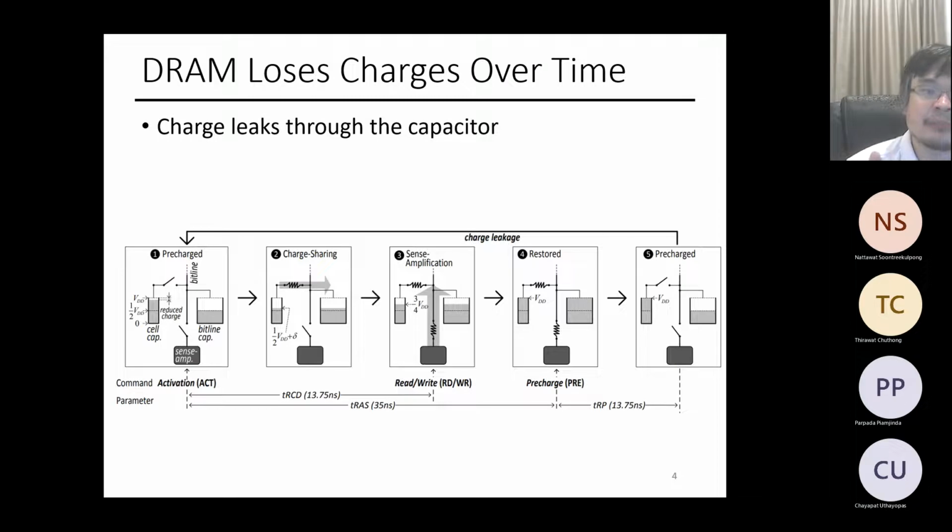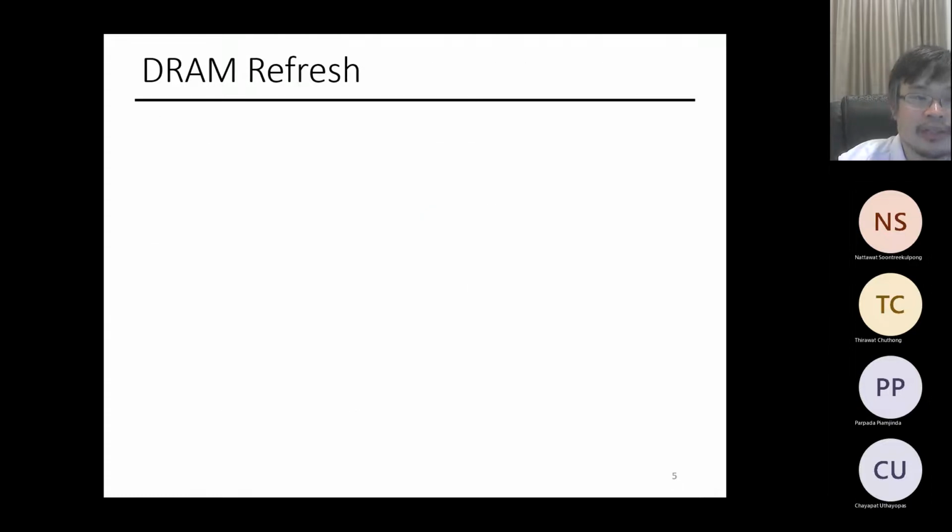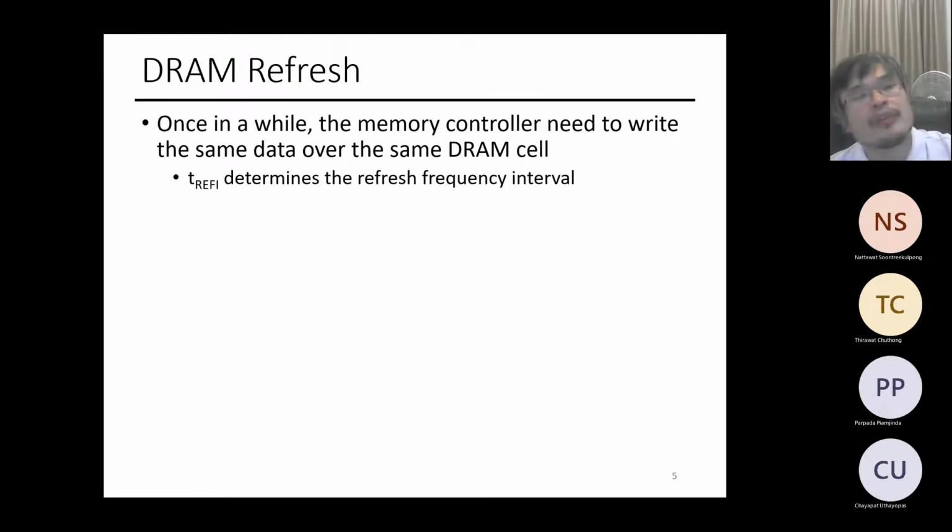When you have DRAM, you have charge leakage, where the capacitor will gradually lose its charge and it leaks over time, so you basically have to do a DRAM refresh, which means that once in a while the controller would need to write the same data back to the same cell.